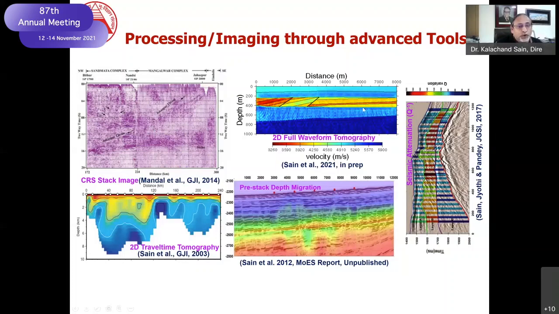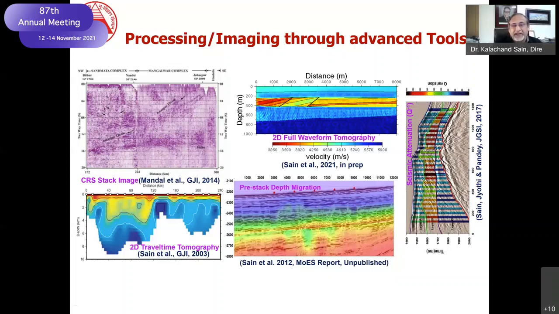We can also do full waveform travel time tomography, which shows subsurface variation in physical properties, as well as two-dimensional full waveform tomography that shows very fine details of the subsurface structure, faults, etc. And then we can compute seismic attributes, and attribute computation helps in characterization of subsurface reservoirs.